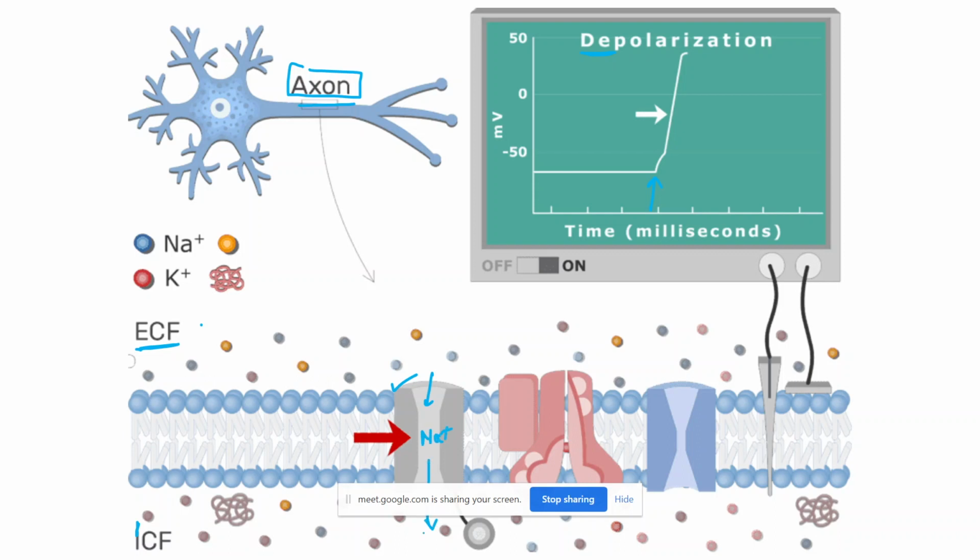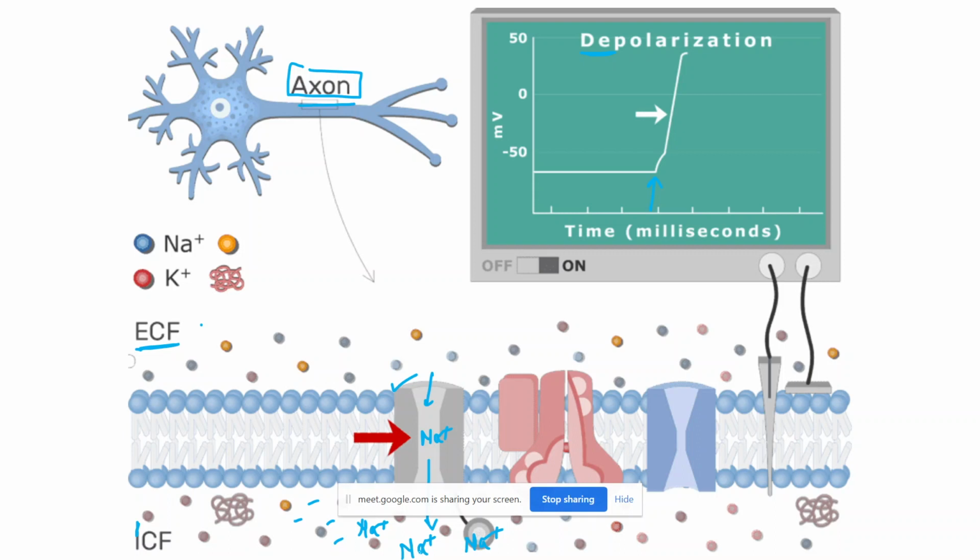Previously there was negative charge all around here, but as more and more sodium ions come inside, the negative charge will be neutralized, and as they keep coming inside, it will become a positively charged situation, right?